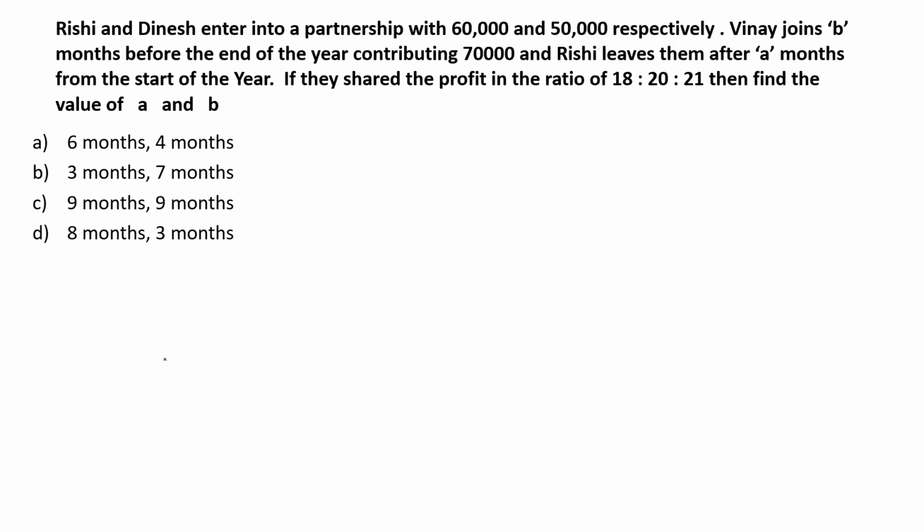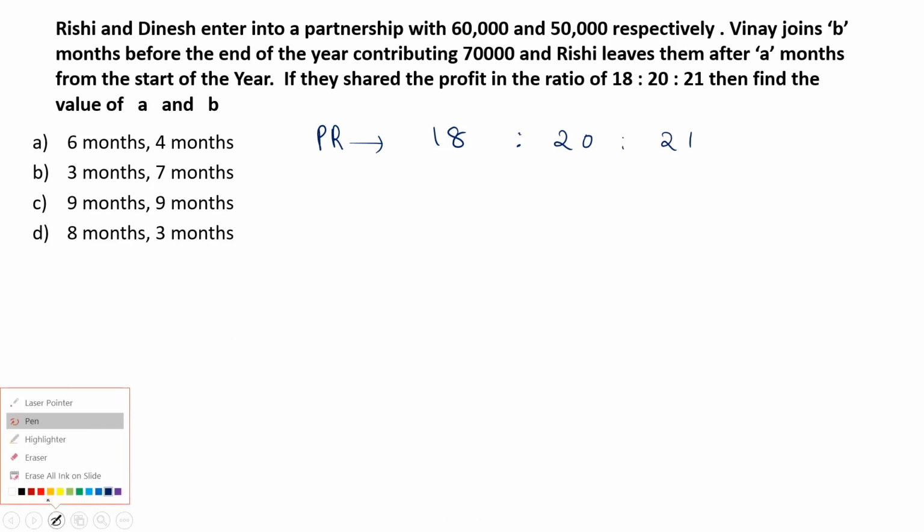Okay, just take their simplified profit ratio as 18, 20 and 21. This is the profit ratio. When you divide the profit ratio by the investment ratio, you get the time ratio. We have discussed all these things in the previous videos.